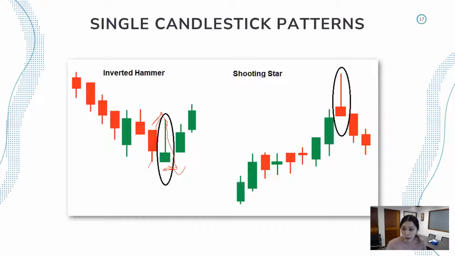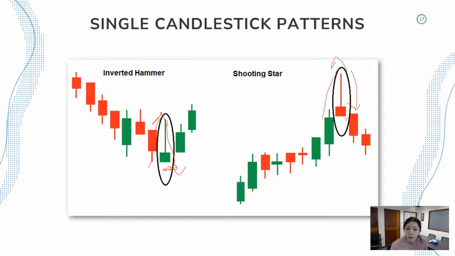When it closed all the way at the bottom here, it shows a sign of price weakness, right? Whereas for the shooting star candlestick, you can see that the pattern here is stronger. The bulls try to push the price all the way up, and the bears push the price all the way down here. Not only did the bears push prices all the way down, they also pushed the prices beyond the open and closed lower here, and hence it becomes a bearish red candlestick.